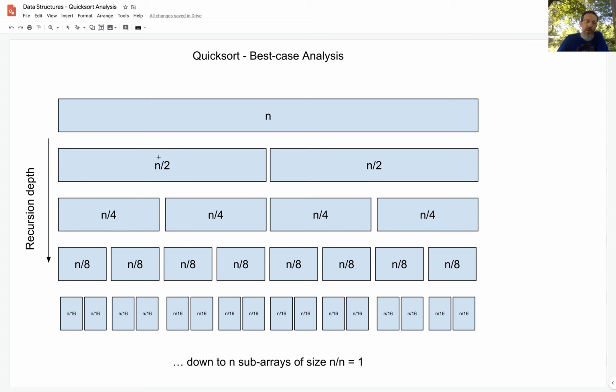Then we recurse on the left portion, and it's going to be partitioned into equal size subarrays of n over 4 and n over 4. Similarly, when we recurse on the right portion, it's partitioned into n over 4 and n over 4, and so on. So in other words, the best case analysis is that every time we pick the pivot, we somehow manage to partition our array exactly in half. This isn't realistic, but it's a best case scenario.